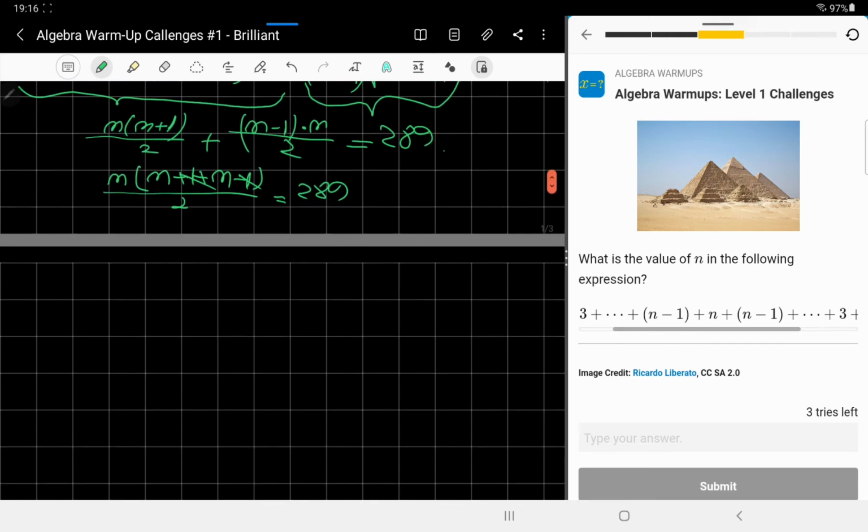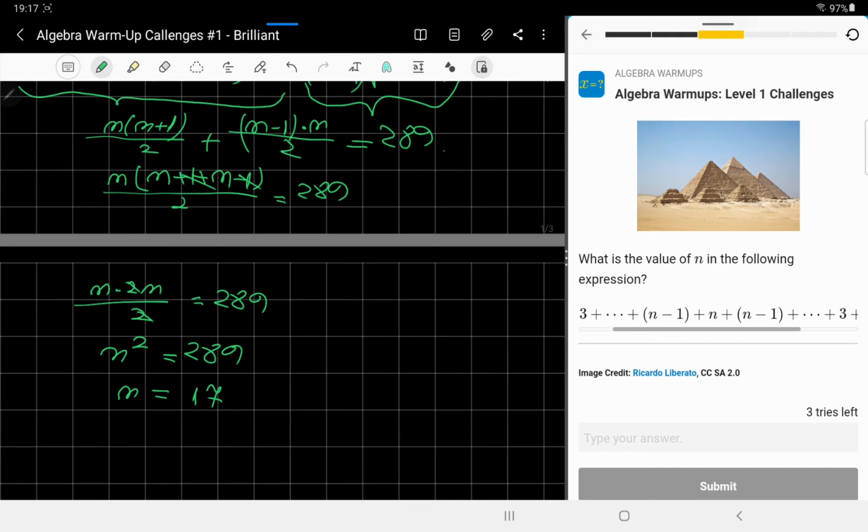Then let's just go on to the next page. So n times 2n over 2, we have 2, so equals 289. We have n squared equals 289, and n equals 17.